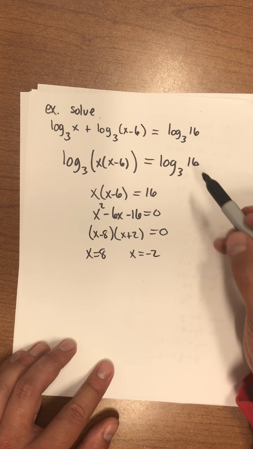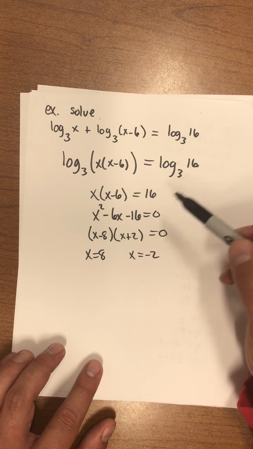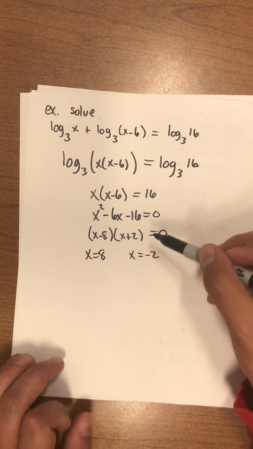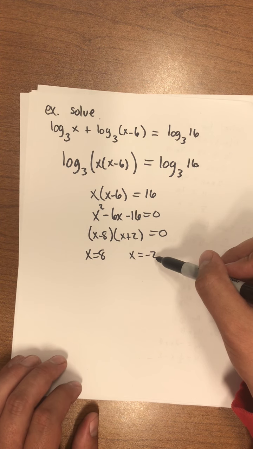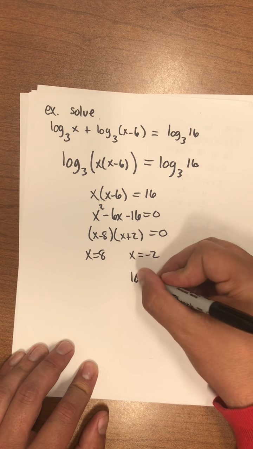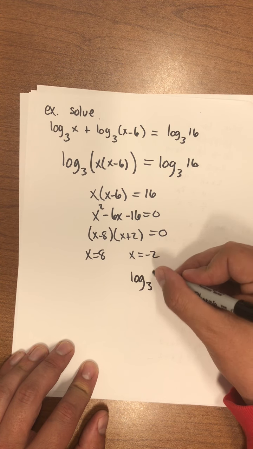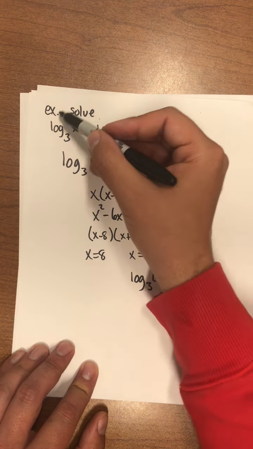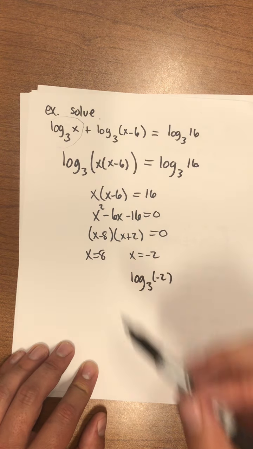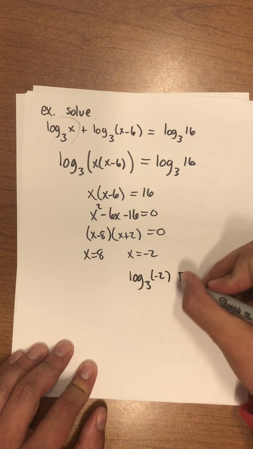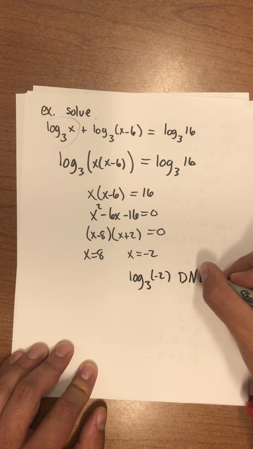So if we go back and look at the original, if we chose x to be negative 2, up here, negative 2 would be the argument inside a logarithm, and that does not exist.